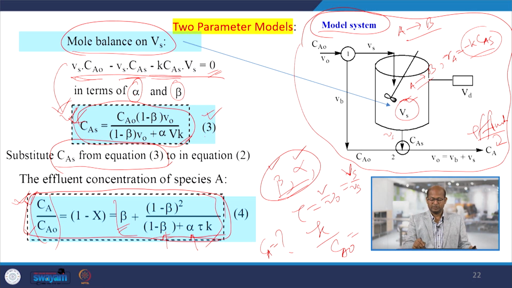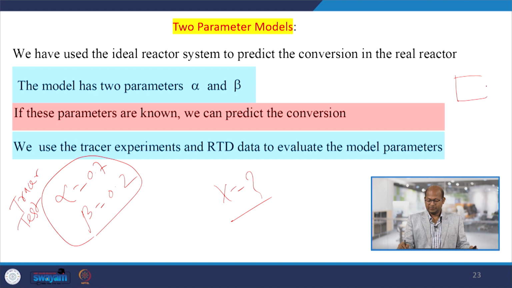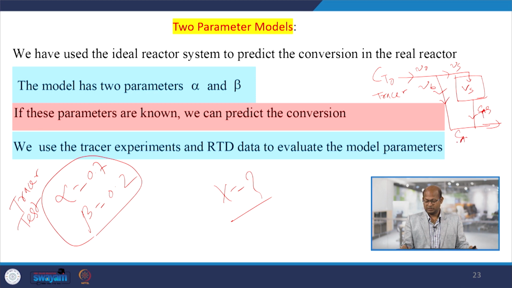Similarly, we have to consider this model system, only instead of C_A0 this is our reactor system, and we pass a tracer, C_T0. Once the tracer passes through the bypass line and the Vs system, we get C_T.